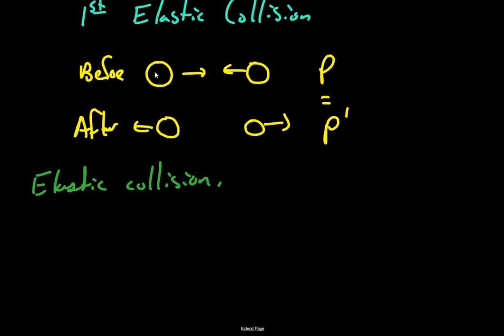What we could say is this is mass 1, and this is mass 2, okay? And if we look at the momentum before, this is what it would look like. We've got m times v of this object, plus m times v of the other object.